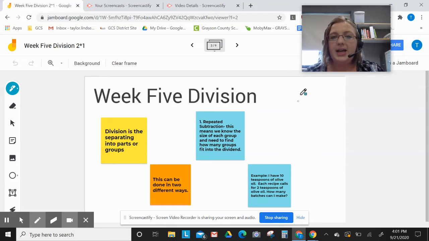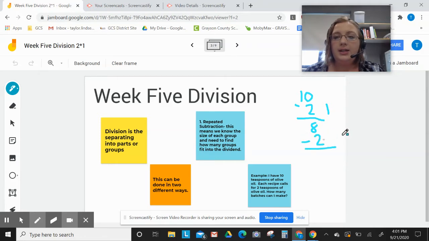We could say 10 teaspoons, and I can have 2 minus 2, which is 1 batch, is 8, minus 2 more is 2 batches, minus 2 more, which is my third batch, is 4, minus 2 is equal to 4 batches, minus 2 more, 2 minus 2 equals 0, which is my fifth batch.